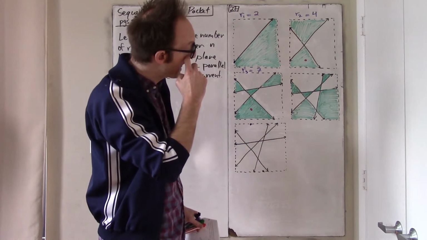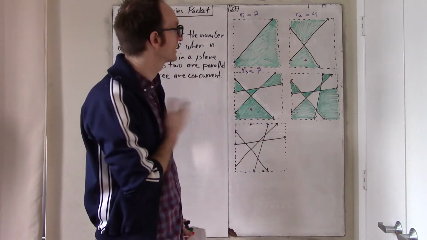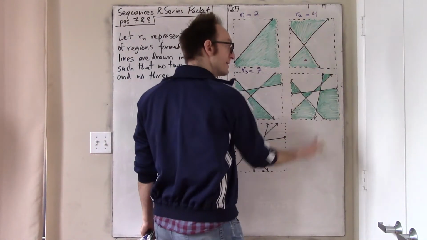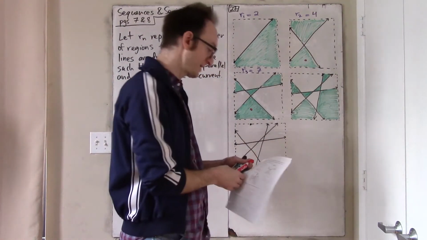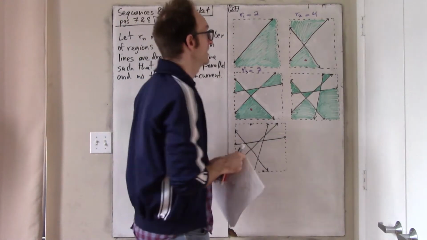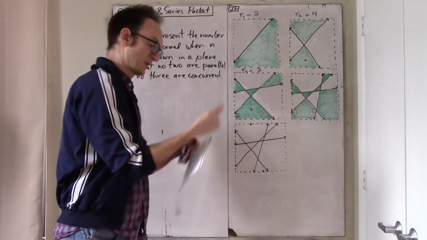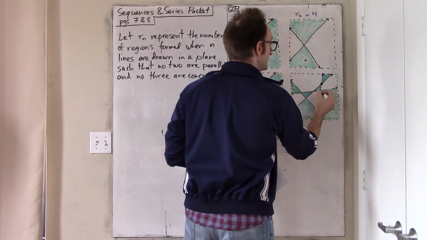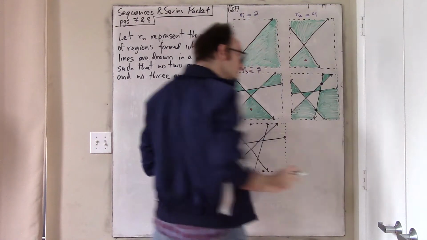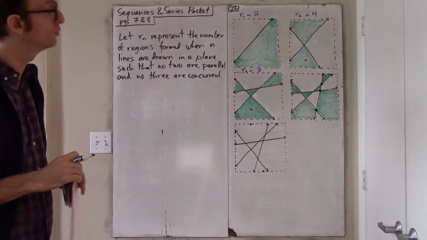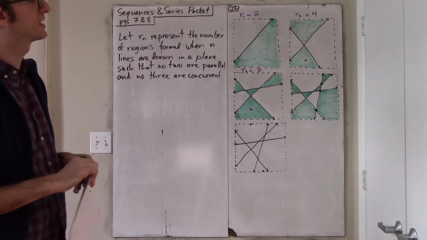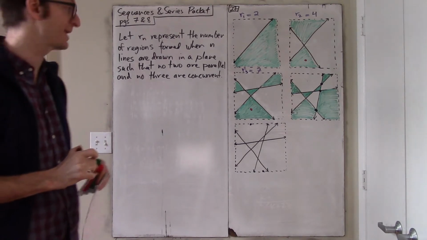When I go to cut all 3 of these lines, which I do, forming 3 new points of intersection. What are the 3 new points of intersection? Sort of this one, and this one. So what should I think about these 3 new points of intersection? Well, they are going to cut some regions in half, creating new regions.